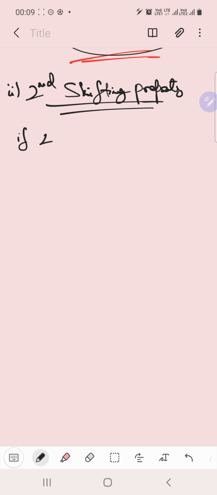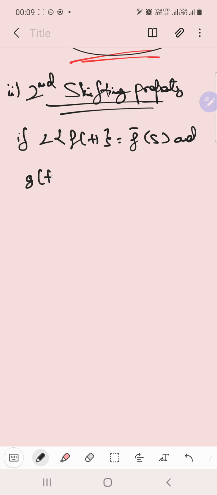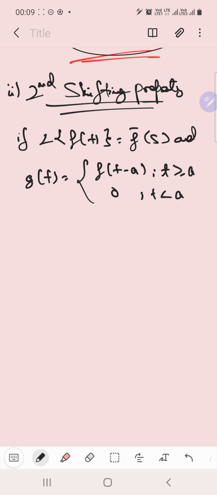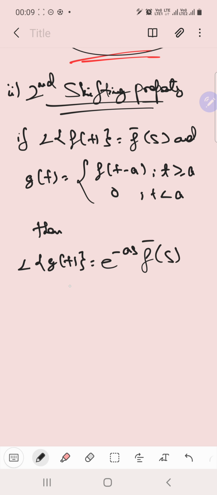So if the Laplace transform of f(t) is given as f bar(s), and there exists some g(t), which is a piecewise function given by f(t minus a) when t is greater than or equal to a, and is 0 when t is less than a, then the Laplace of g(t) is given as e to the power minus as f bar(s).